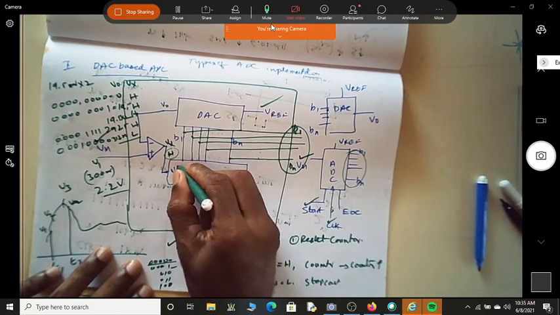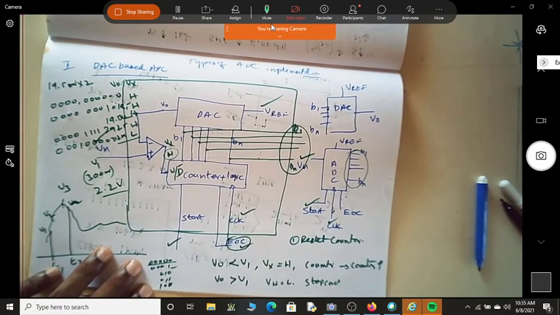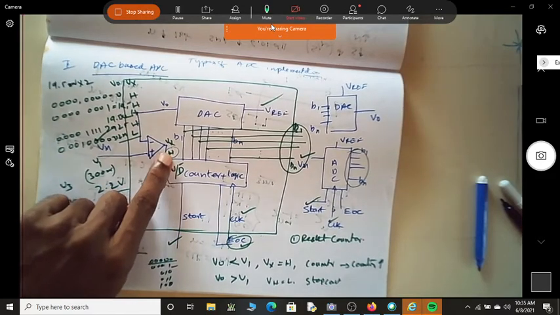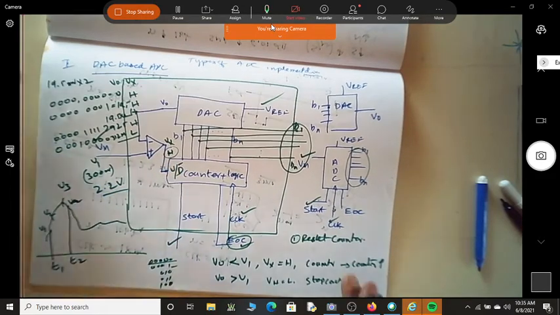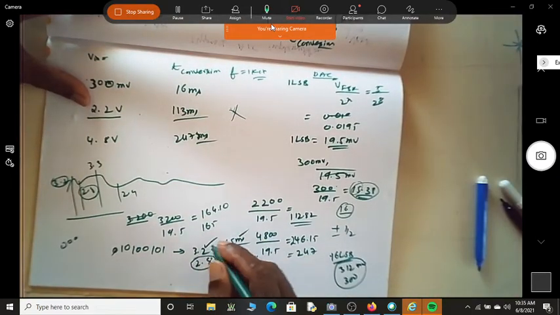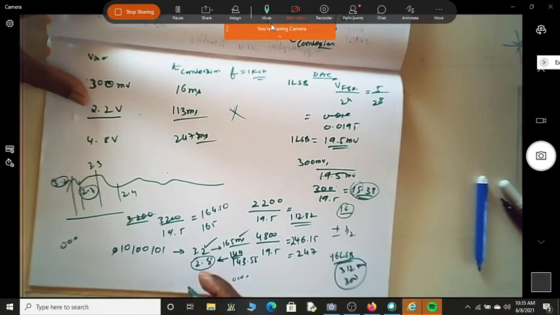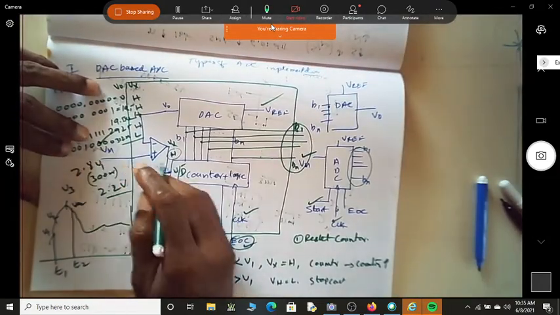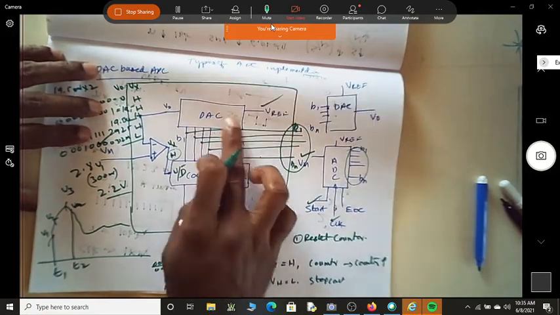Can we just do this? Up bar, D bar, U bar, D bar. If it is high, you do the up count. If it is low, do the down count. Now assume that you are there at 3.2, you got this output. Now, when you sample it, it's now 2.8. Don't reset it. What is the value that you have?